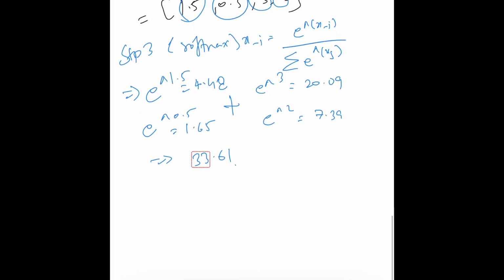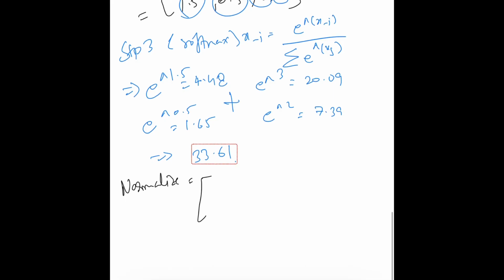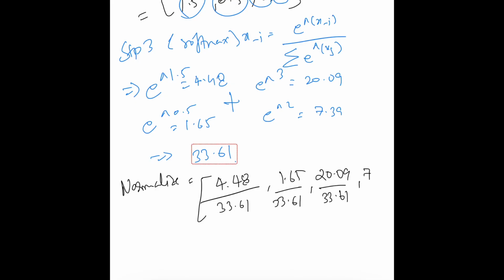So now we will normalize this, right? So essentially what it would become is 4.48 by 33.61, 1.65 by 33.61, and then the last ones.